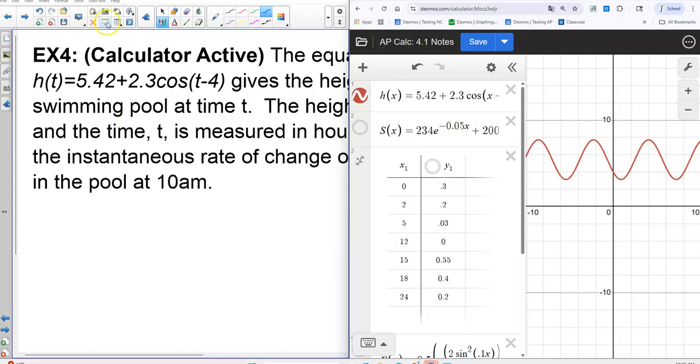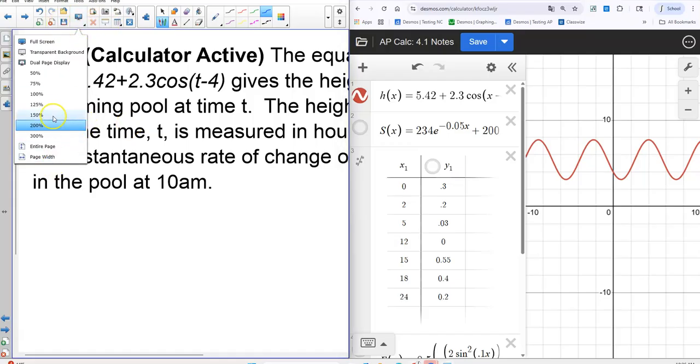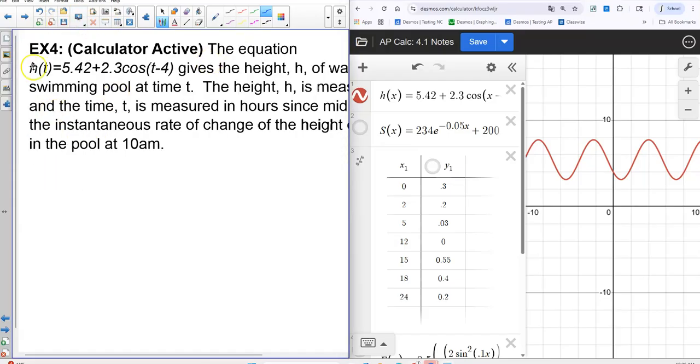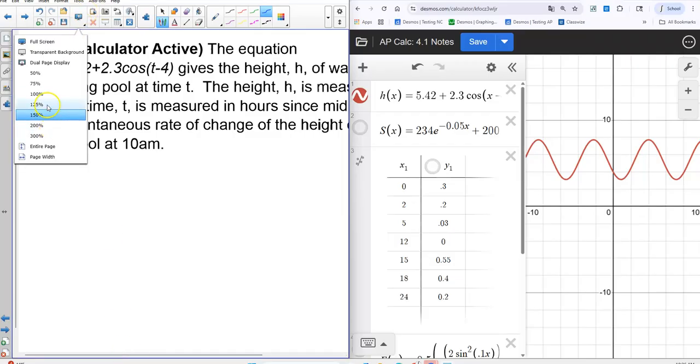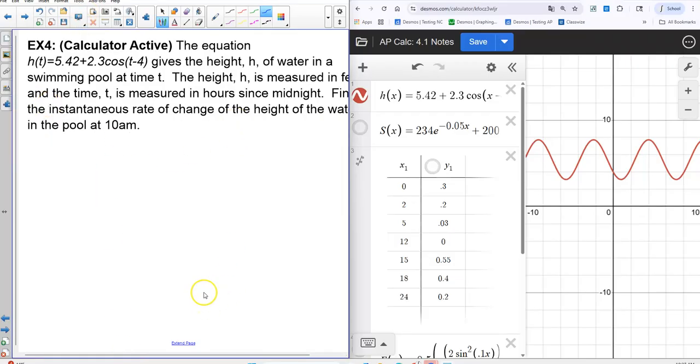Okay. So we are looking at this equation that gives the height of water in a swimming pool at time t. The height h is measured in feet, and the time t is measured in hours since midnight.